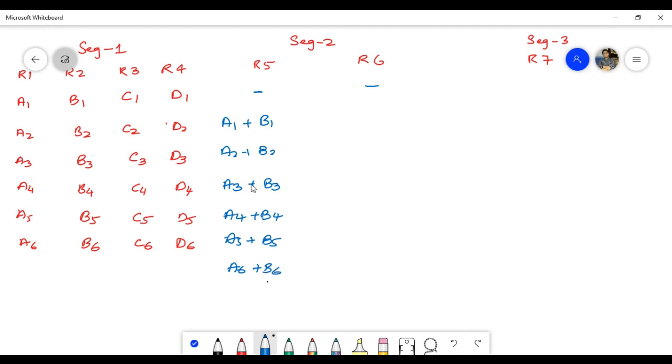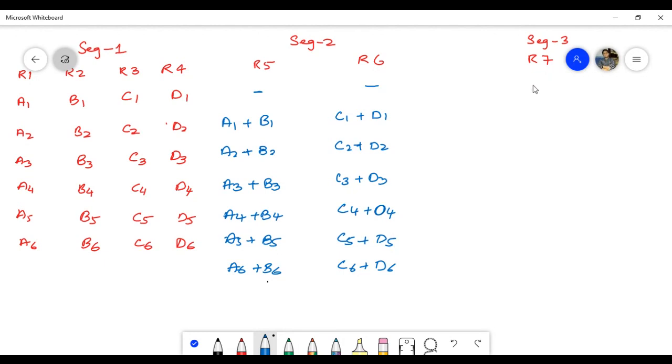And here it will be C1 plus D1, C2 plus D2, C3 plus D3, C4 plus D4, C5 plus D5, and C6 plus D6. This is the segment 2 content of R5 and R6.